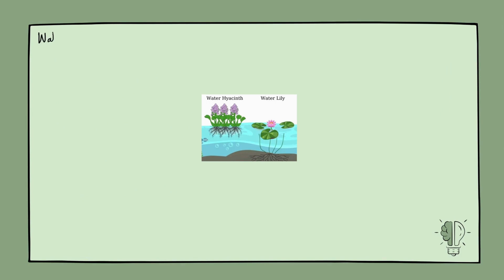Now let's learn about water pollination. Water pollination is a rare type of pollination because not all aquatic plants depend on water for pollination.